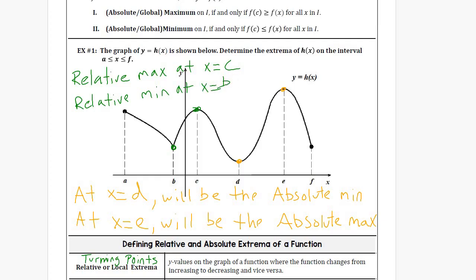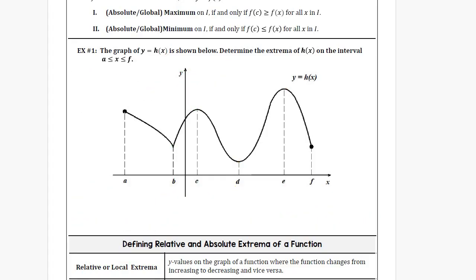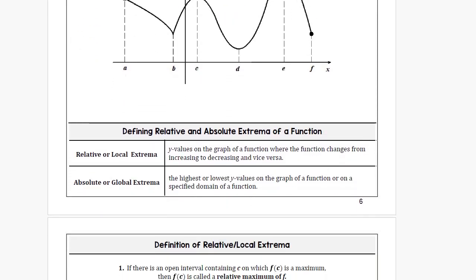These are not the highest or lowest overall, but if I were to just cut off a chunk of my graph, that is the lowest point, or for c, it is the highest point of the stuff around it. Our relative extrema are y values where the function changes from increasing to decreasing, or vice versa, which is why I call them turning points. Our absolute is the highest or the lowest y value of the entire function, or at least over a specific domain.